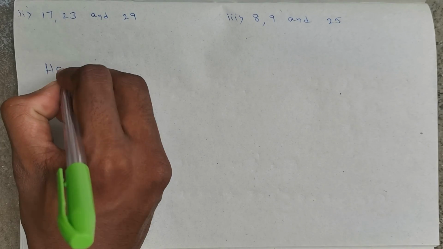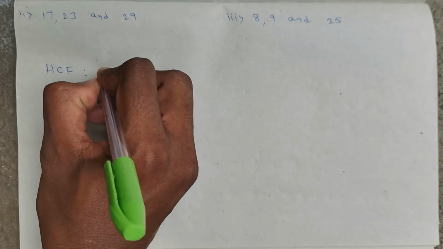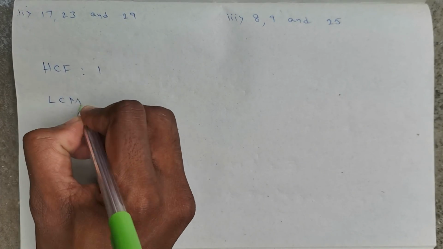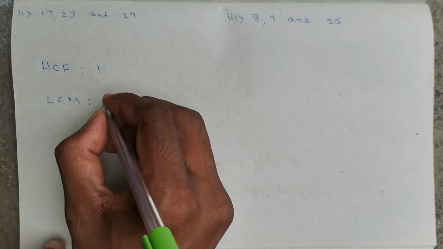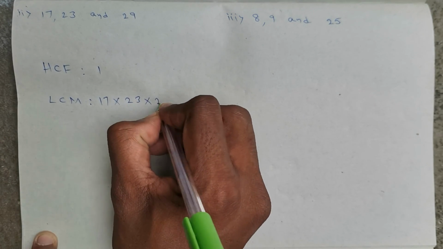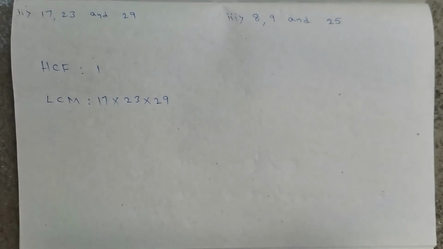So the HCF will be 1 and LCM will be the product of those 3 numbers, that is 17 into 23 into 29. In the given question, all the 3 numbers 17, 23 and 29 are prime numbers, so the LCM will become the product and HCF will be the number 1.